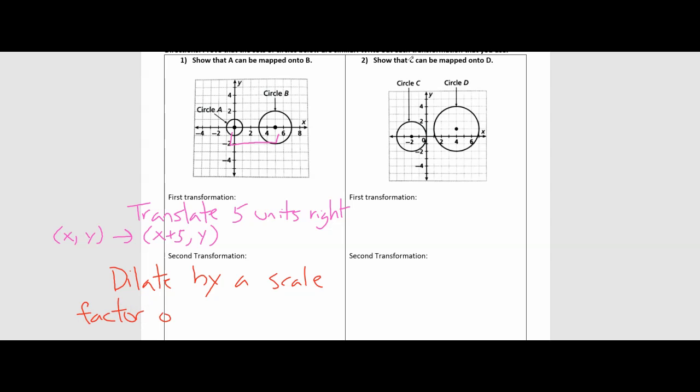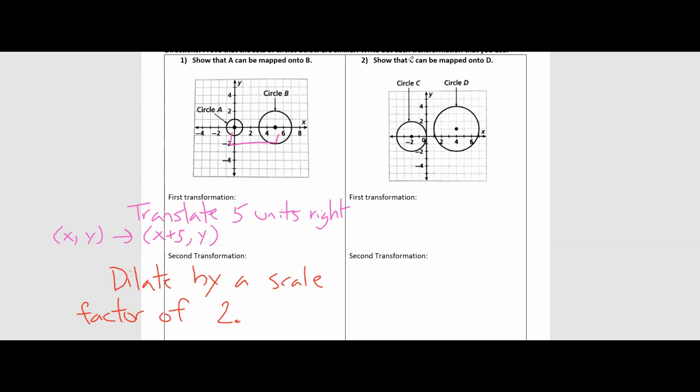factor of 2. And you may be wondering, well, how do we know exactly what the scale factor should be, right? Do we need to pick points? Or is there some other way? And the answer is you can actually compare the radii of the circles.